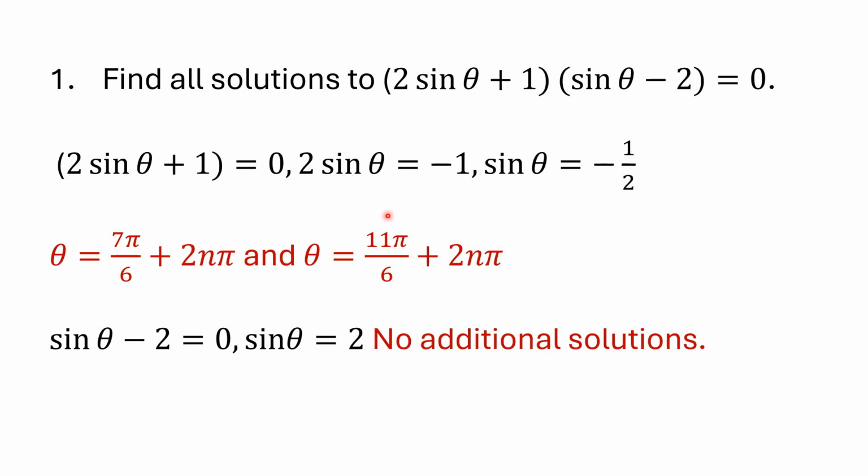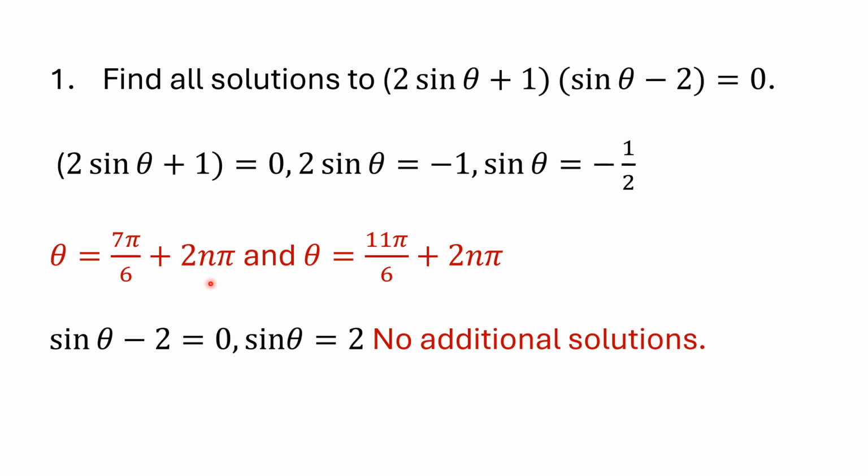Well, the sine is negative 1/2 in the third and fourth quadrants. And our reference angle for sine theta being 1/2 is pi over 6, so it would be 7 pi over 6 and 11 pi over 6 is our 2 solutions.